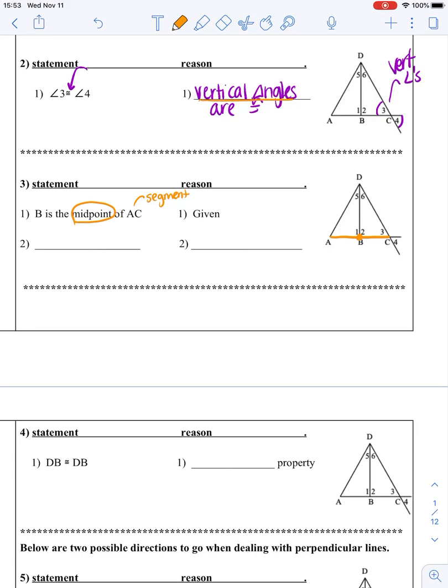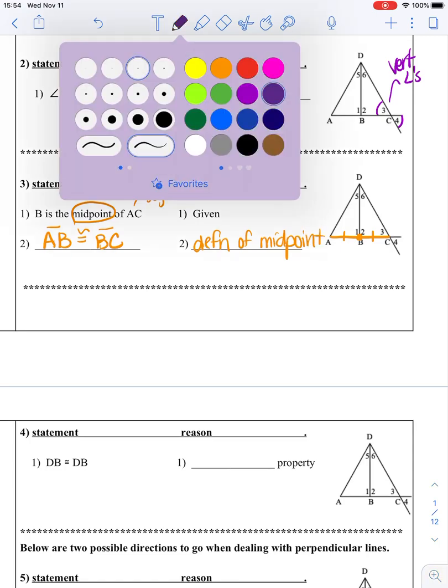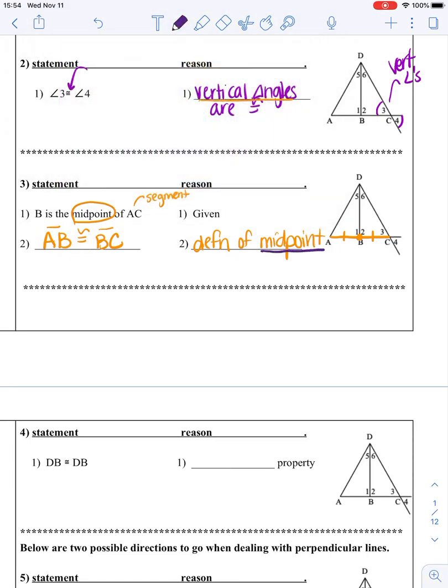When you bisect a segment, you get segments. So what segments are equal? Well, AB would be congruent to BC. So we could say that AB is congruent to BC. Why do I know that? Because that's what midpoint means. Definition of midpoint. So there's another vocabulary word, midpoint.